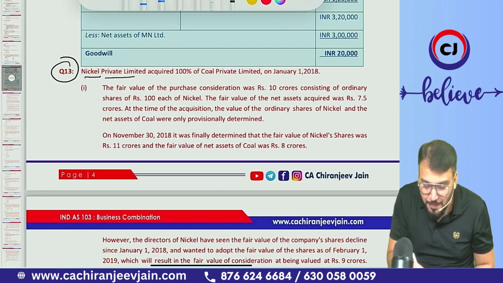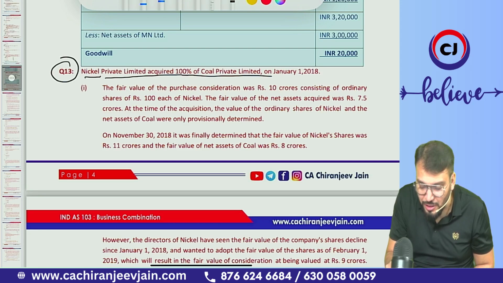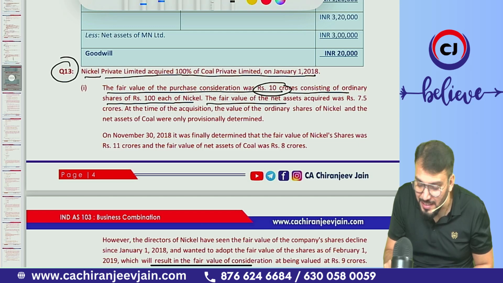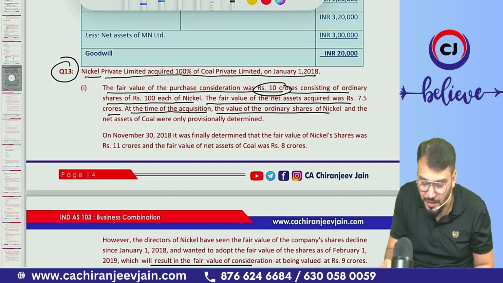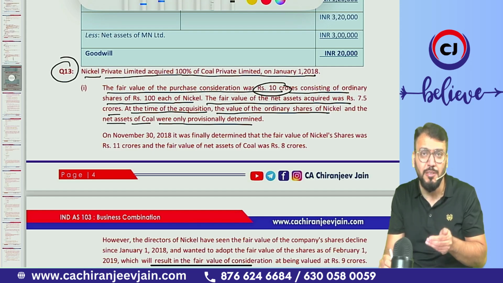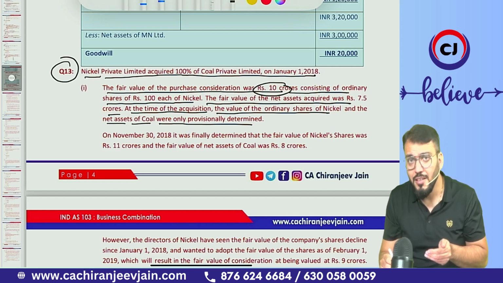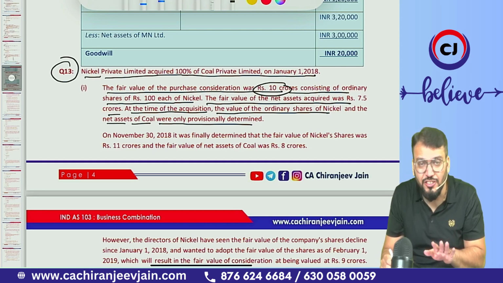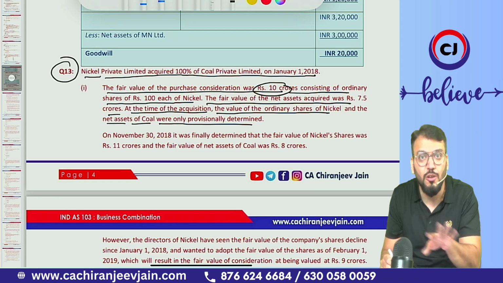Coming to question number 13. Nickel Private Limited acquires 100% of Coal Private Limited on 1st Jan 2018. The fair value of PC was 10 crore, consisting of ordinary shares of rupees 100 each in Nickel Limited. The fair value of net asset acquired was 7.5 crore. At the time of acquisition, the value of ordinary shares of Nickel and the net asset of Coal were only provisionally determined. I hope you remember the concept of measurement period. If the business combination accounting is not completed before the approval of financial statements, then we can do accounting on a provisional basis.